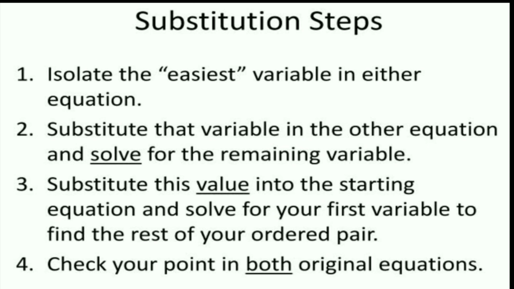The second is to substitute that variable in the other equation and solve for the remaining variable. It means we need to put the value of the first variable, whatever we find from the first equation, in its place in the second equation. Third, substitute this value into the starting equation and solve for your first variable, and check your point in both original equations.